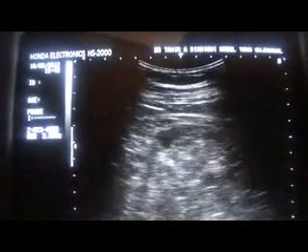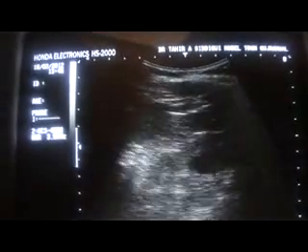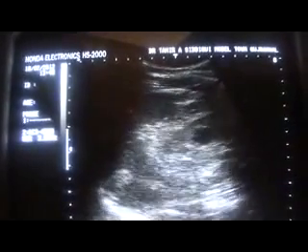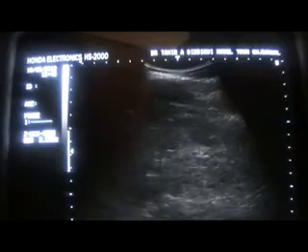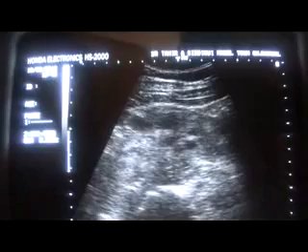Read the number of cysts. So these are at the upper pole, and this is the lower pole. This is a cyst, this is a cyst, and this is the parenchyma of the lower pole of the left kidney.